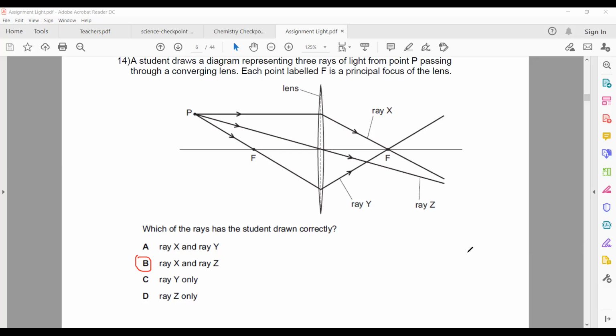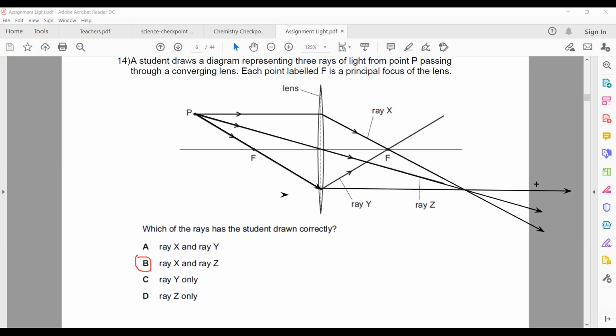They will intersect with each other, but they did not complete the figure. The complete figure should be like this. One ray parallel passes through the focus, one passes through the center of the lens, and one which passes through the focus will go parallel.